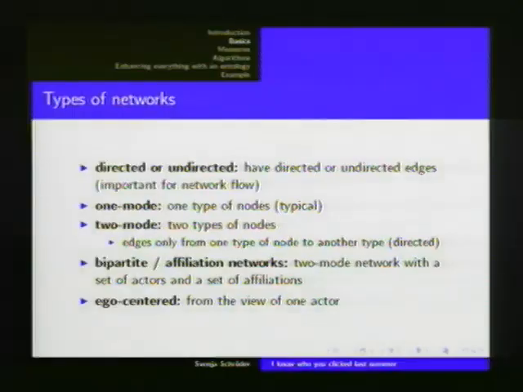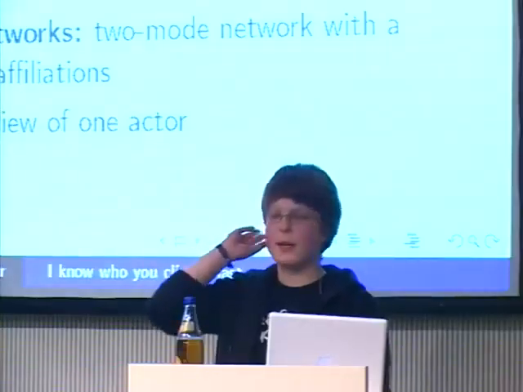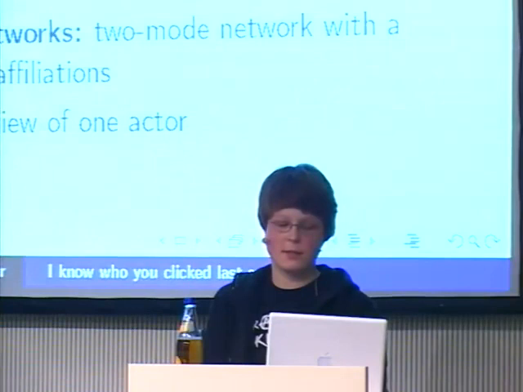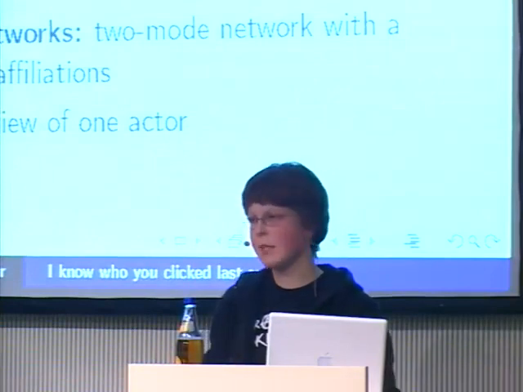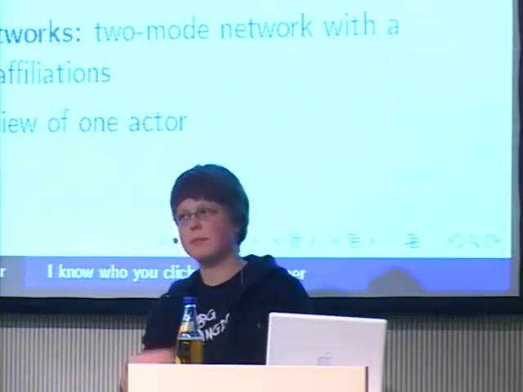What I described is also a bipartite or affiliation network. It's a two-mode network with a set of actors and a set of affiliations. Affiliation means it's something you can attend or have.